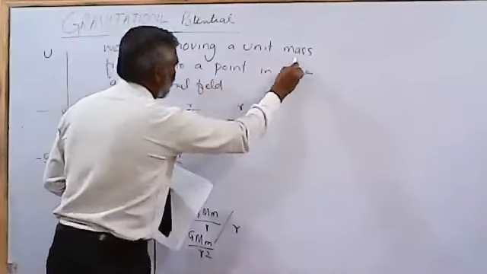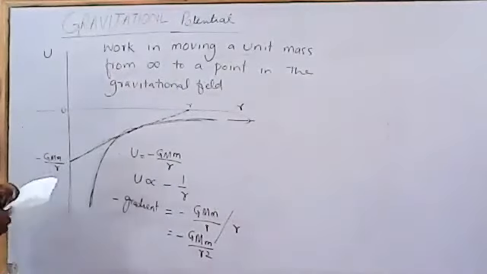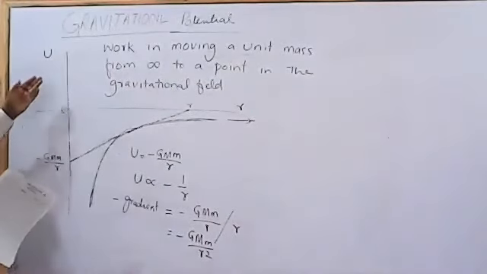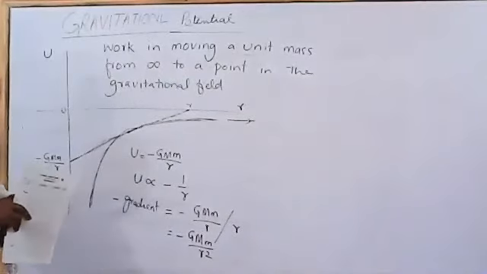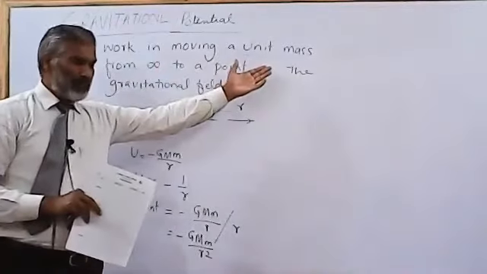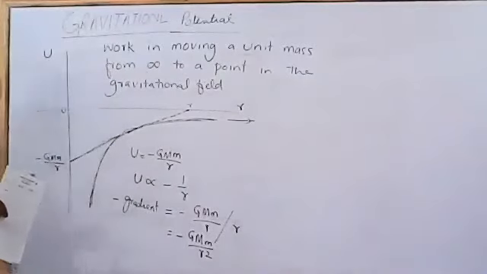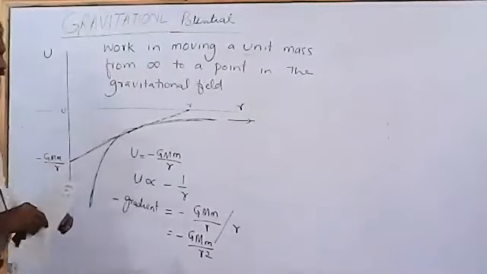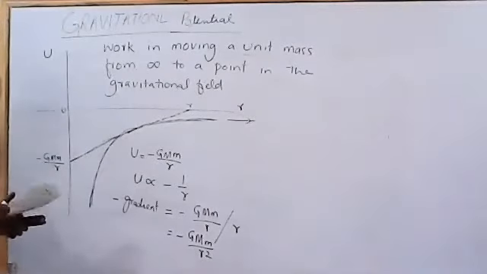So it is this word that makes the definition different when we compare it with gravitational potential energy. Gravitational potential energy was work done in moving any mass m from infinity to a point in the gravitational field, whereas gravitational potential is defined in terms of unit mass.